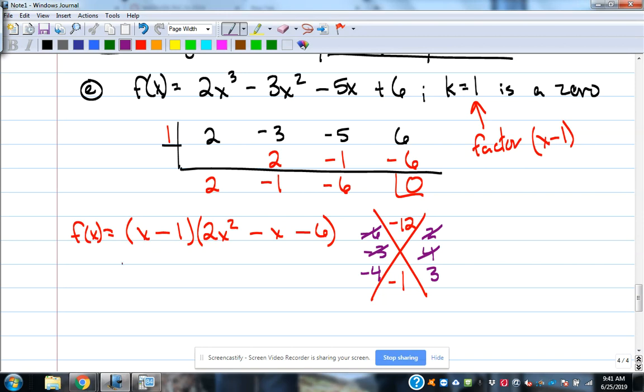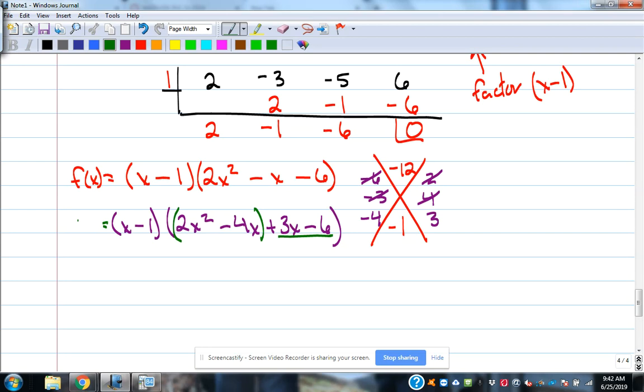And again, I can't use the shortcut here because I have a number in front of x squared. So I'm going to have 2x squared minus 4x plus 3x minus 6. And I'm going to group those together. First two, second two. Got x minus 1. And then we're going to factor out the GCF of 2x squared and -4x. It'd be 2x, and leave us x minus 2.